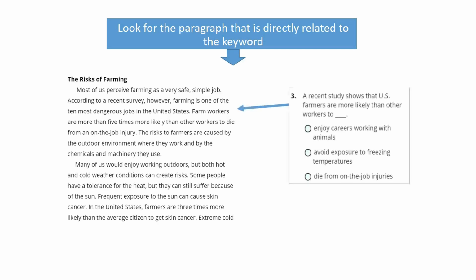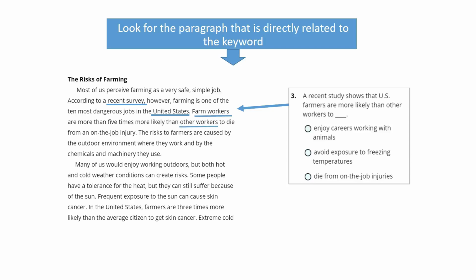So we have to look for the key paragraph, and that paragraph is paragraph 1. Why? Because we have a survey, a recent survey, and we're looking for a recent study. And it's in the United States, and it says US in the question. And it's about farm workers, and it says farmers in the question.